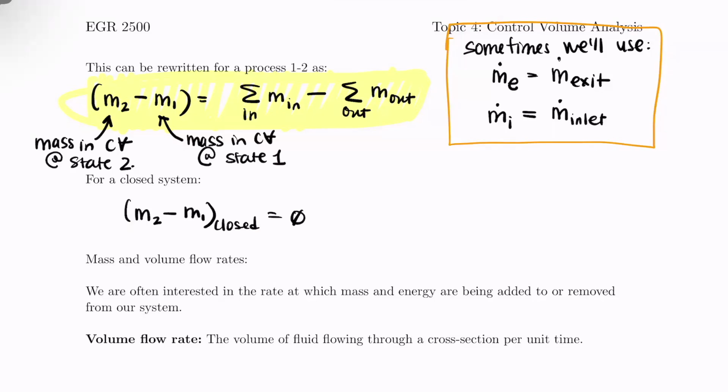Or we could say the sum of m-dot in is 0 and the sum of m-dot out is also 0. So we just have 0 equals 0 on both sides of this equation. Which should hopefully make sense because we have fixed mass, right? So a closed system has fixed mass.